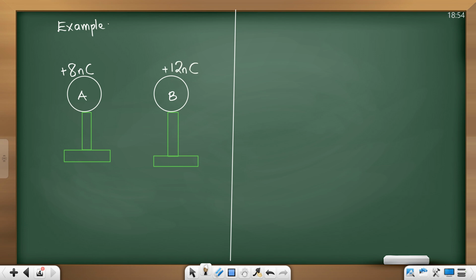So the charge isn't transferred onto the poles themselves, so that charges are not lost. These are insulated stands, and this is to prevent loss of charges by conduction.